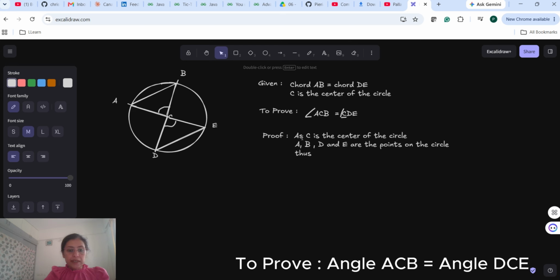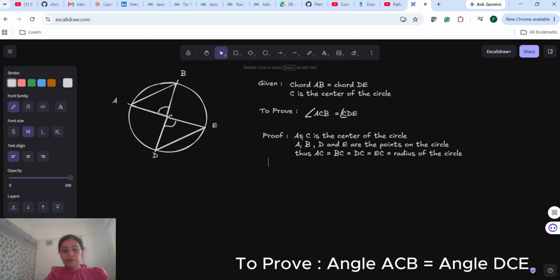So this means AC is equal to BC is equal to DC is equal to EC, because they all form the radius of the circle.